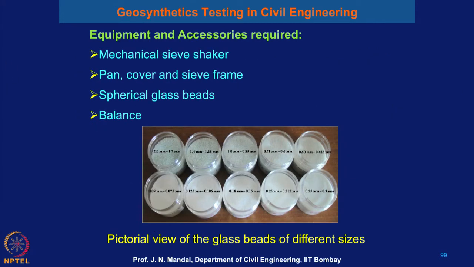The equipment and accessories that are required are a mechanical sieve set, and then pan, cover and the sieve frame, spherical glass beads and the balance. So, these are the pictorial view of the glass beads of different sizes.